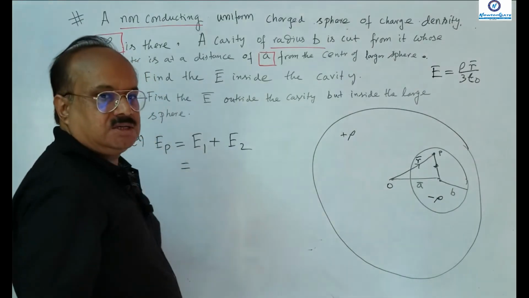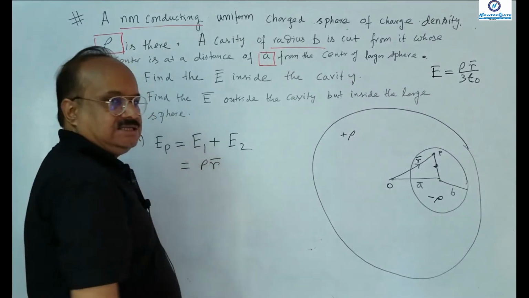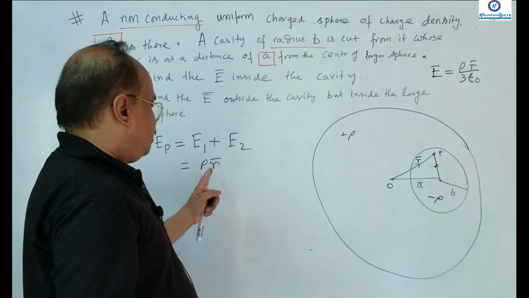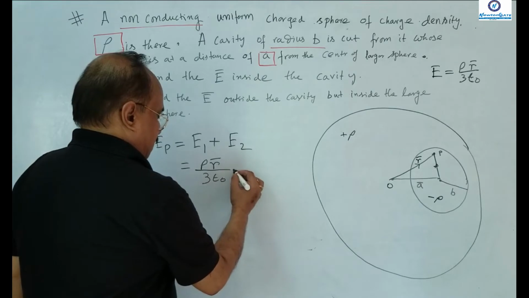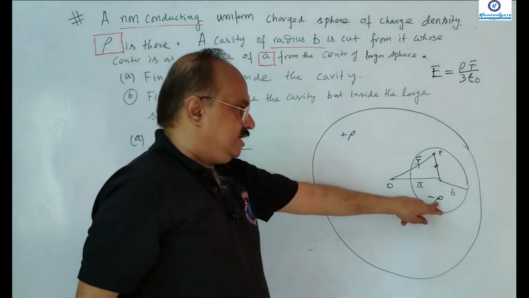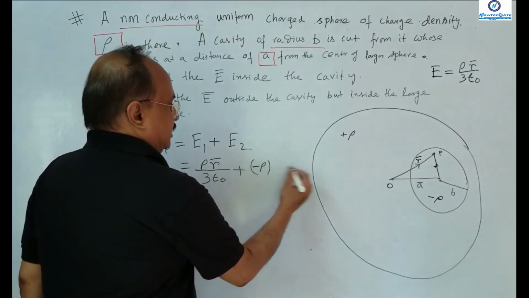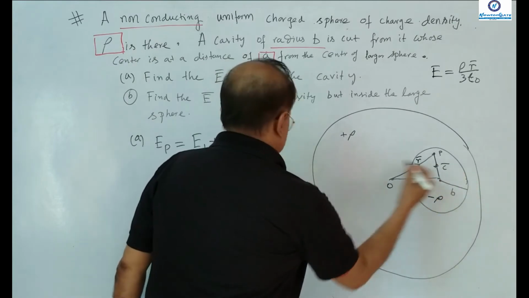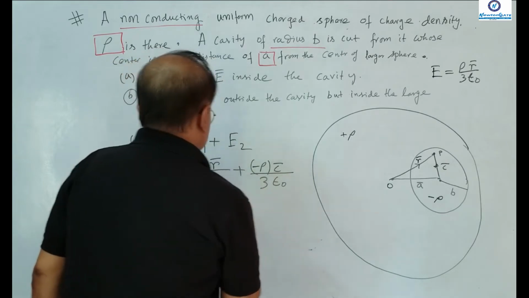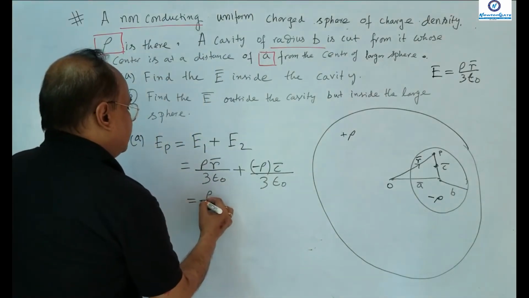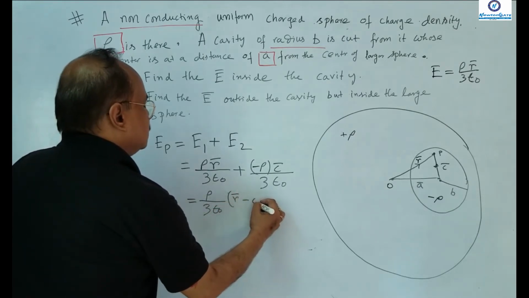Now E1 will be what? I have already derived it in the last derivation. It is rho R divided by 3 epsilon naught, plus the electric field due to this negative charge density at this point, E2, which will be equal to negative rho C divided by 3 epsilon naught, where this distance we name C. So it will be equal to rho divided by 3 epsilon naught times the bracket of R bar minus C bar.